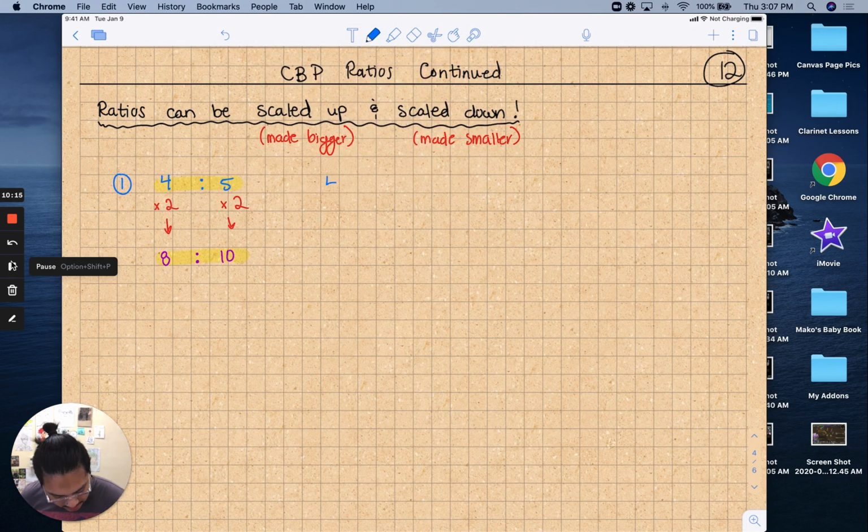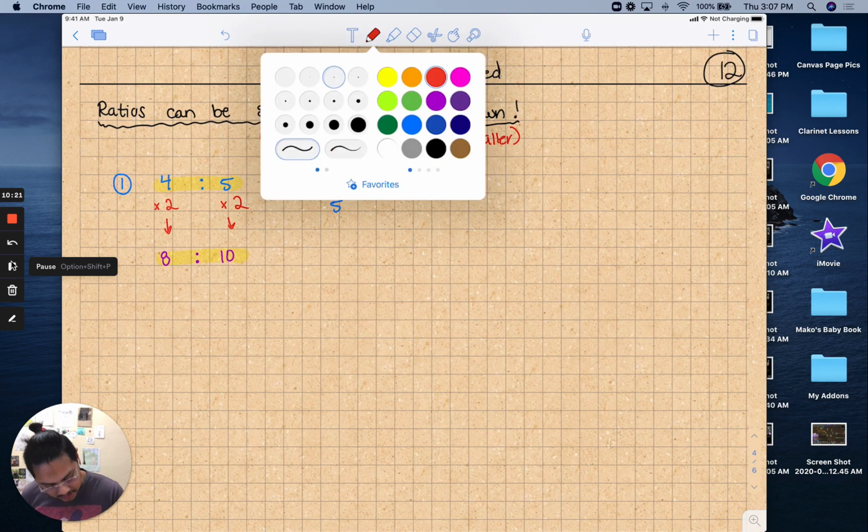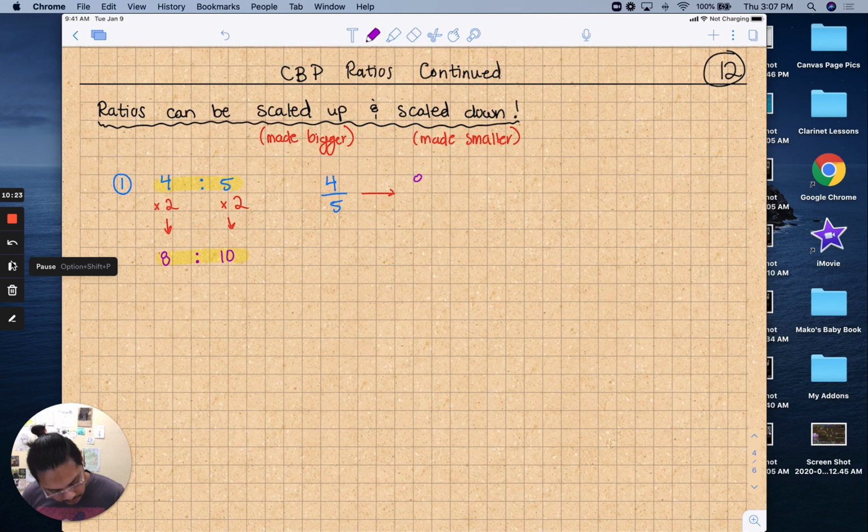So here I have my ratio of 4 to 5, and I just changed it to 8 to 10. What do you notice about these two fractions? I hope you're thinking that these two fractions are what we call equivalent. That's right. These are equivalent fractions.